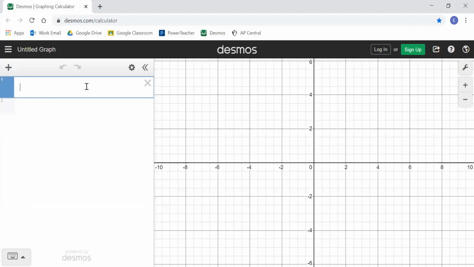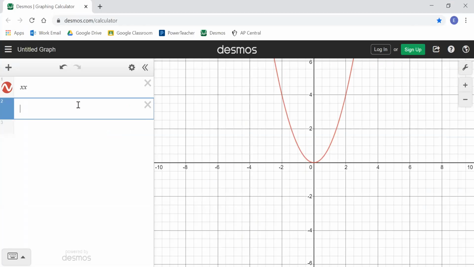So just to take a look at it, if we have x squared, the slope of the line that is secant to this function between 0 and 2, we said was 2, right?